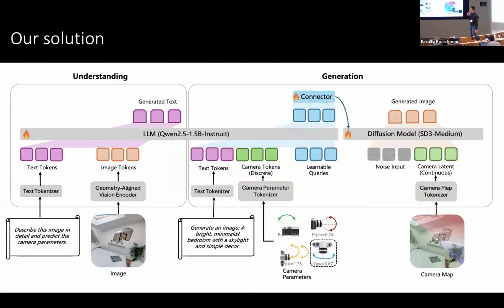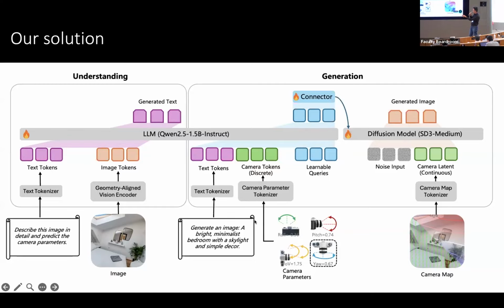The solution is pretty simple. We can make use of existing LLM frameworks. For example, for our LLM we use Qwen 2.5, and for the diffusion model we use SD3. We connect the 2 models through a connector, a 6-layer transformer with some learnable queries.